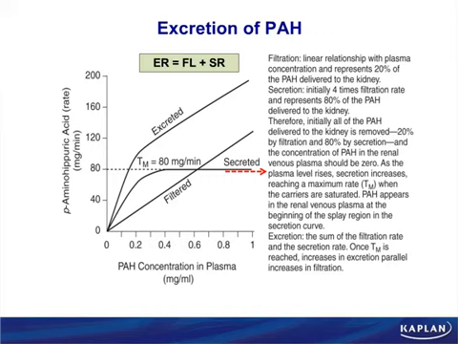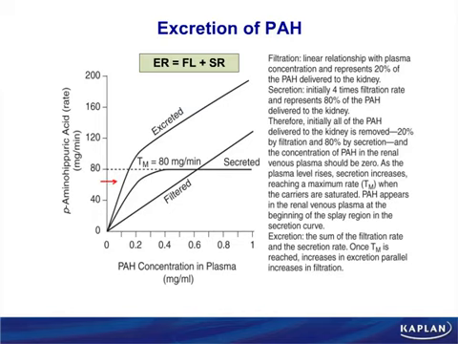Now as you increase your plasma concentration of PAH, the filtered load still increases, but the secretion rate is constant. So the excretion rate still does increase, but now it increases at a slower rate. Notice the slope of the line up here is less steep than the slope of the line down here.